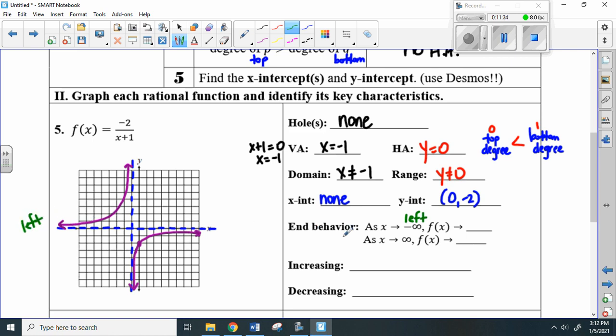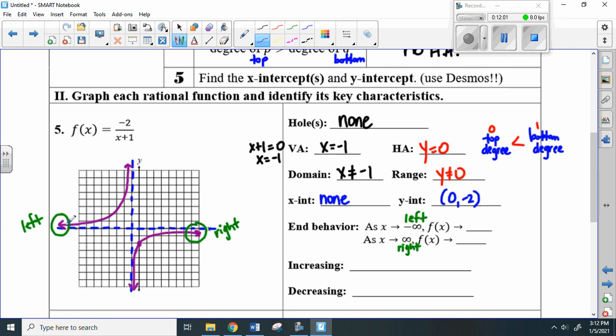And then the second one says as x approaches +infinity. That's the right. That means I want you to look over here. So I want you to tell me what y value these ends are headed towards. Well, maybe you need Desmos to help you.